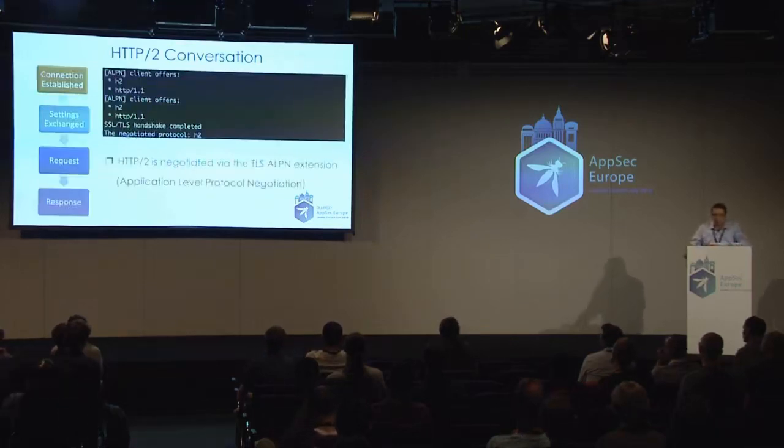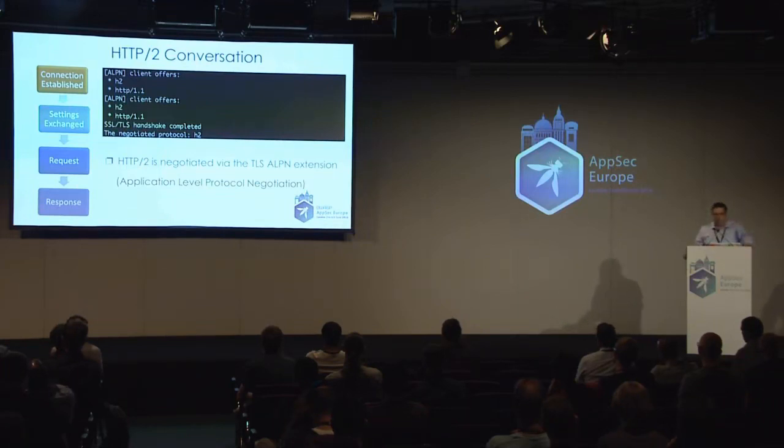As I've mentioned, HTTP2 can be delivered either over clear text, which is usually not the case, or over an encrypted channel over TLS. And when the RFC was composed, the authors wanted to rely on the existing infrastructure and not start making modifications to any other underlying layers.